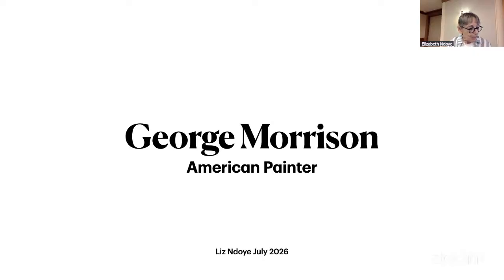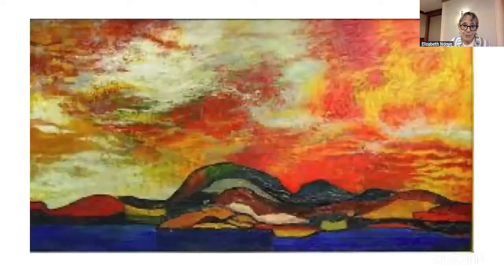They were contemporaries of his, and he met them in New York City. He also did a lot of teaching. He taught studio art and Native American studies at the University of Minnesota. And he taught throughout his life at a huge variety of institutions.